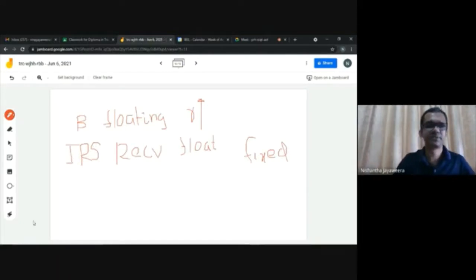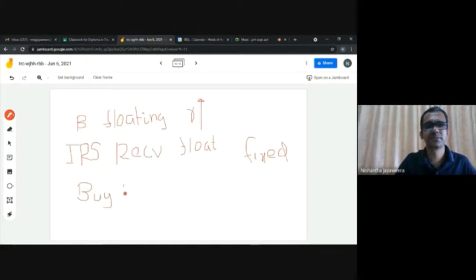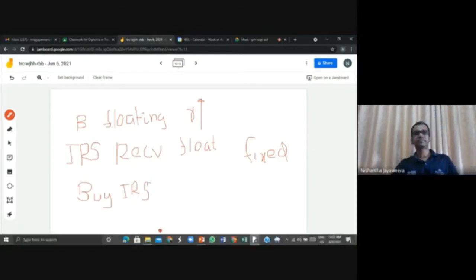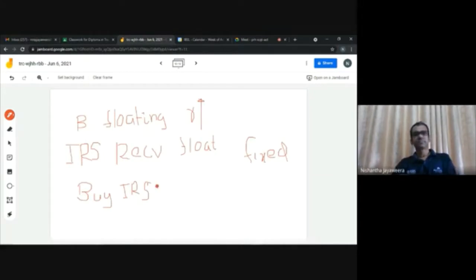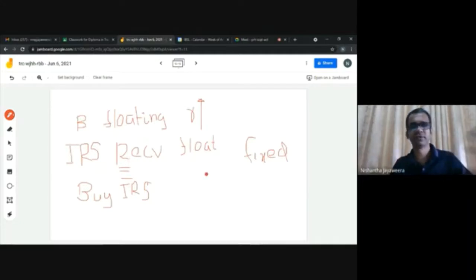One more thing. Buy an IRS. What does it mean? When you say you buy an interest rate swap, it is equivalent to receiving float, because you always buy the unknown variable, unknown float.